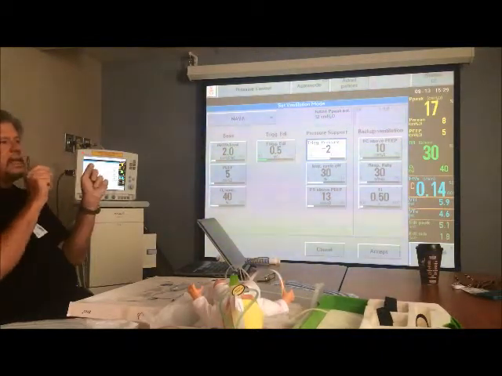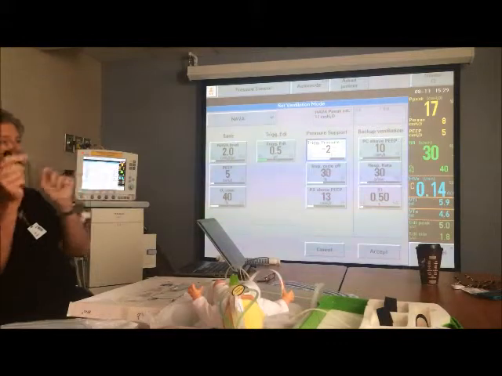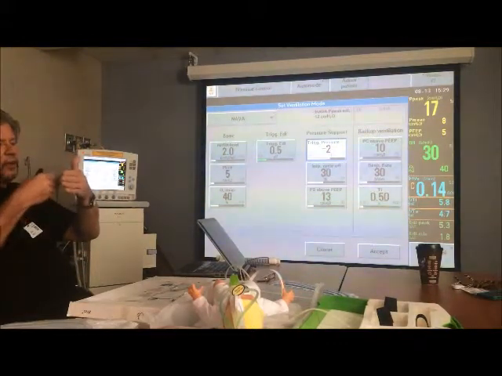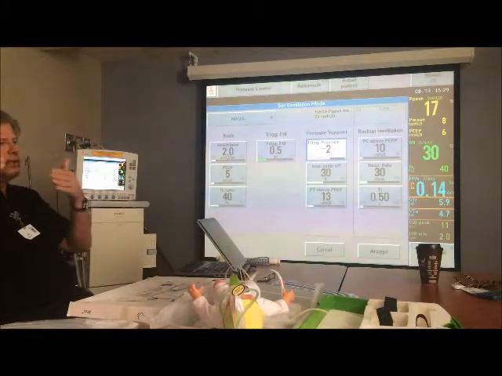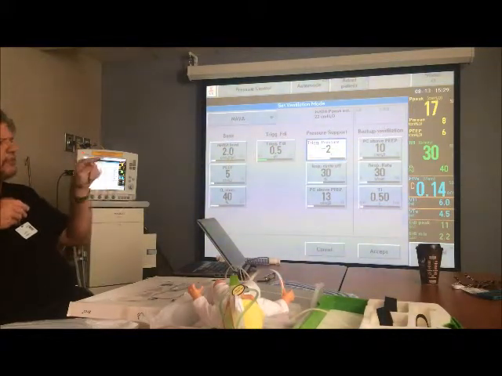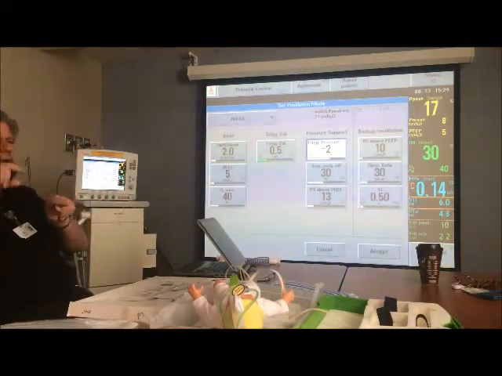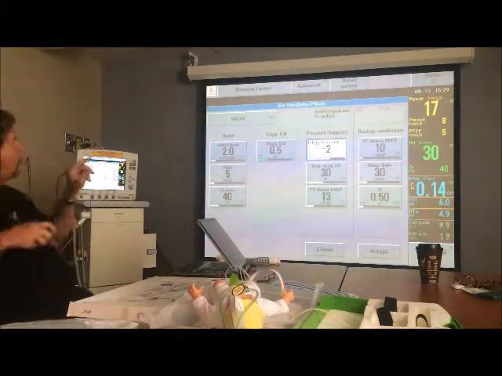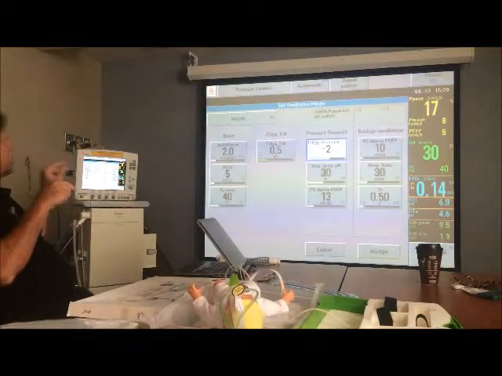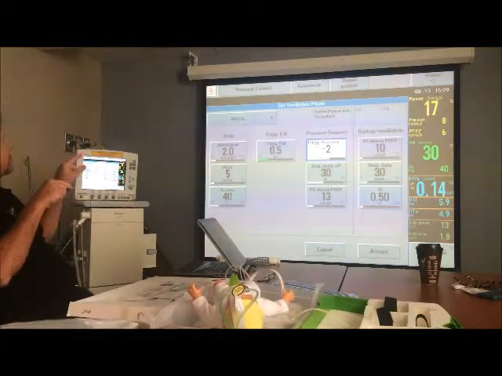Because if the phase shift is enough, the ventilator will begin to auto-cycle, cycling off of the pneumatic trigger, and it'll say, I'm confused, should I be triggering off the real diaphragm, or should I be triggering pneumatically?